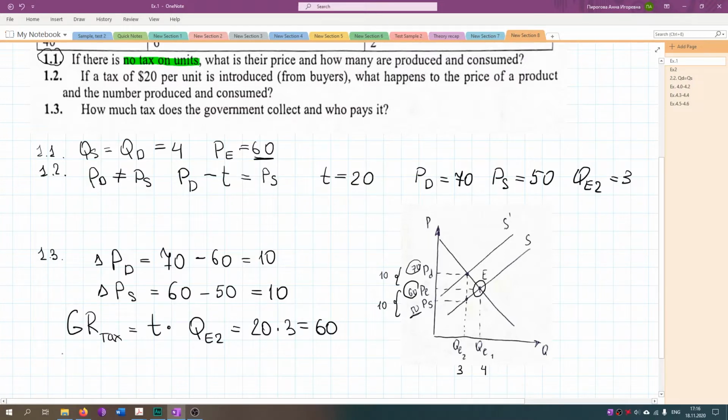So now let's talk about who pays the tax, and for that purpose we found the change in price.